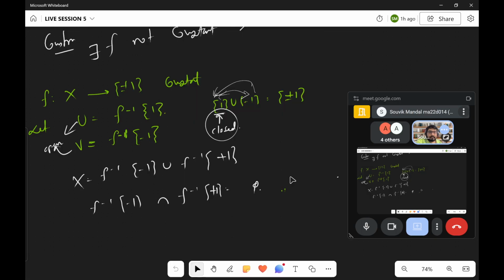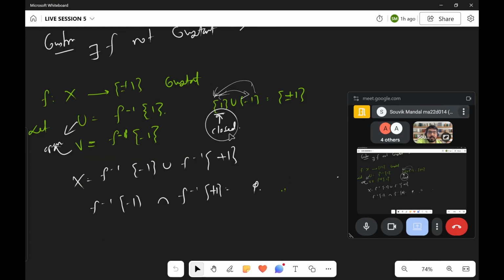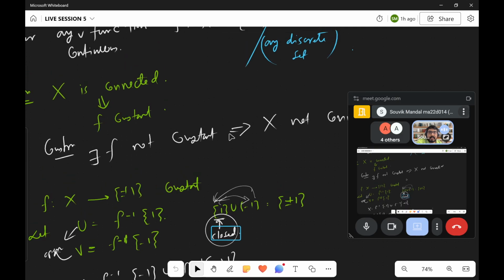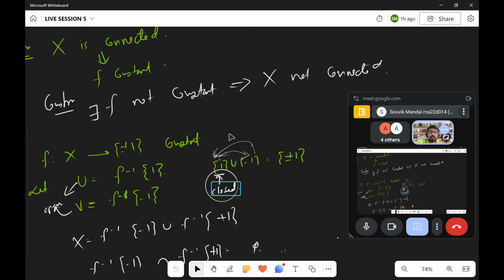Yes. Okay. So this is one direction that tells that x connected implies f constant. So you have used the contrapositive statement, but without using that directly, we can do as follows.